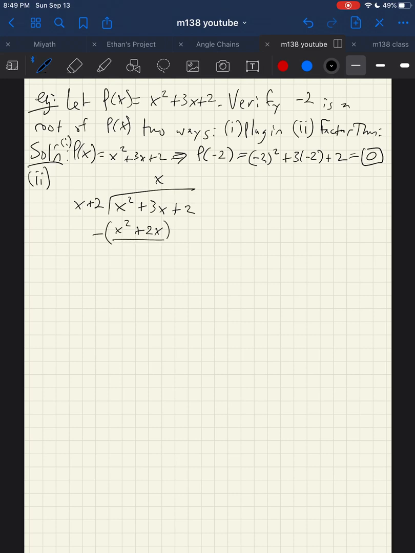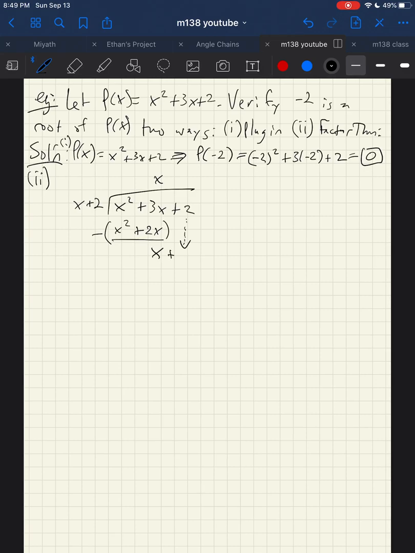So I get x squared plus 2x, and I subtract. x squared minus x squared is 0. 3x minus 2x leaves me with x. Drop down my 2, so I get x plus 2. How many times does x plus 2 go into x plus 2? Well, exactly 1 time. So I'm subtracting off x plus 2, and that gives me a remainder of 0.